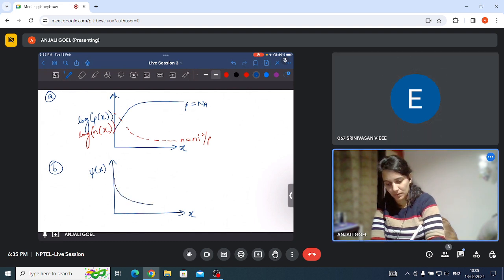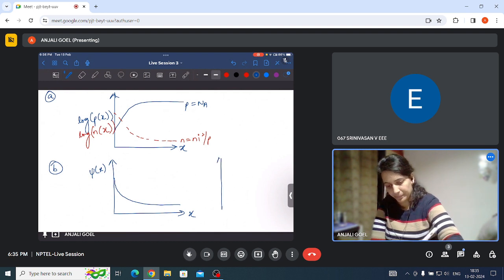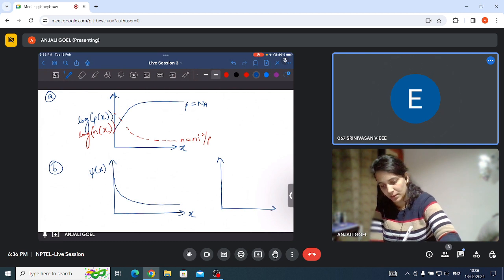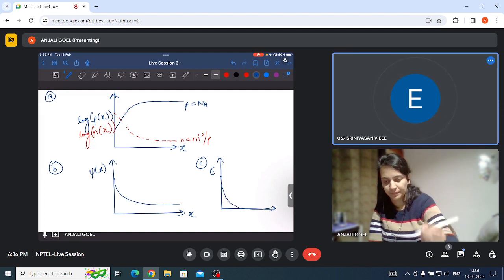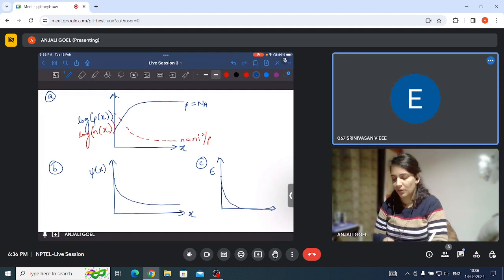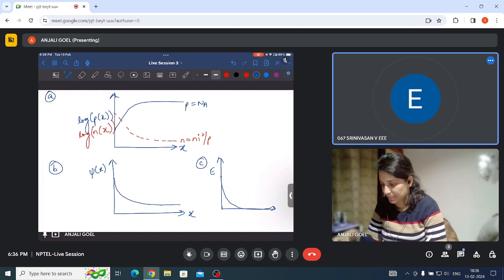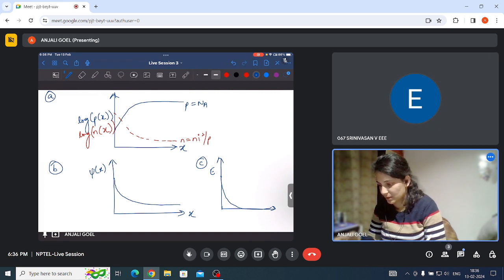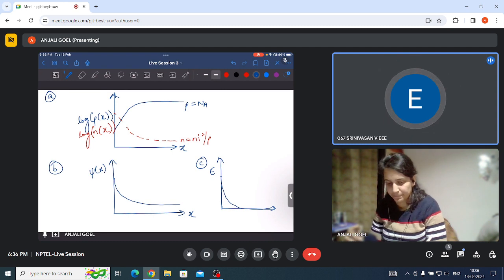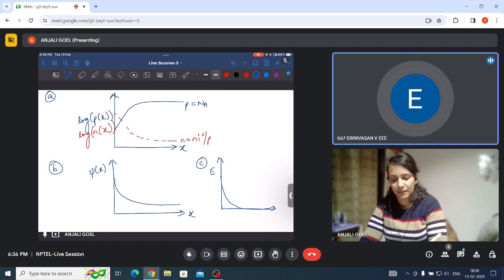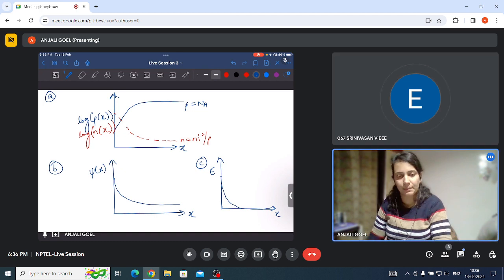Okay, so this way. And this will be for your electric field, somewhat more negative. Okay. It will be on the negative x, on the negative electric field, right? Yeah, minus E.